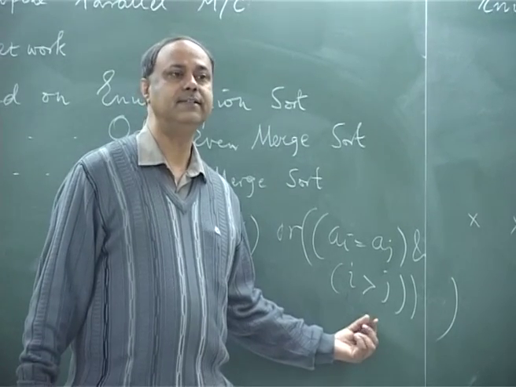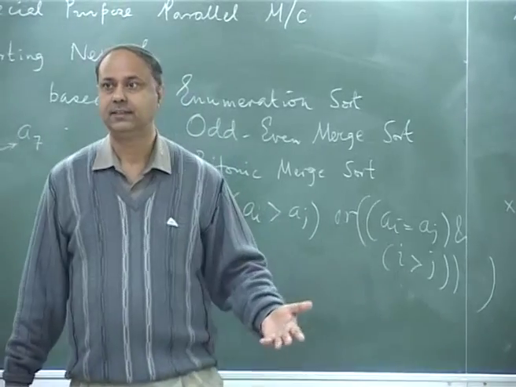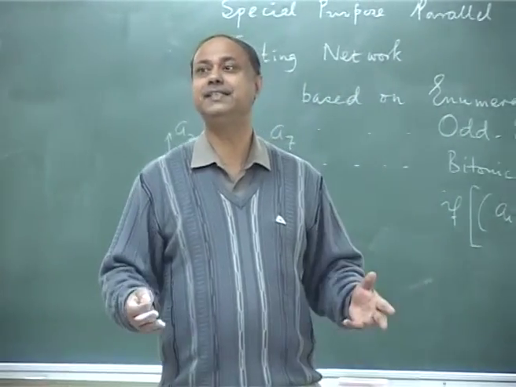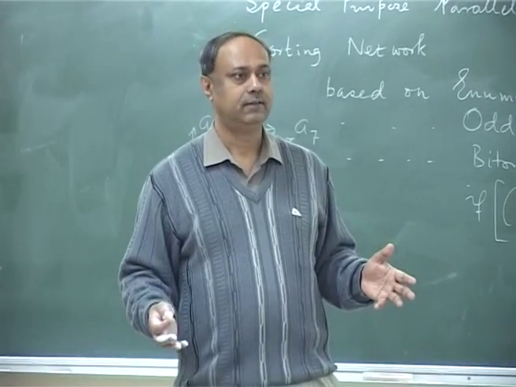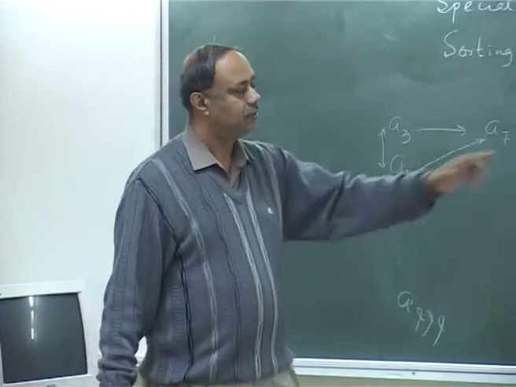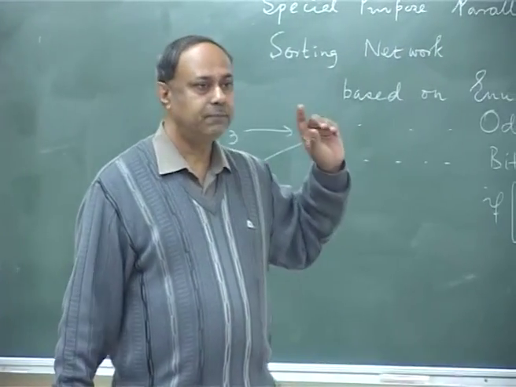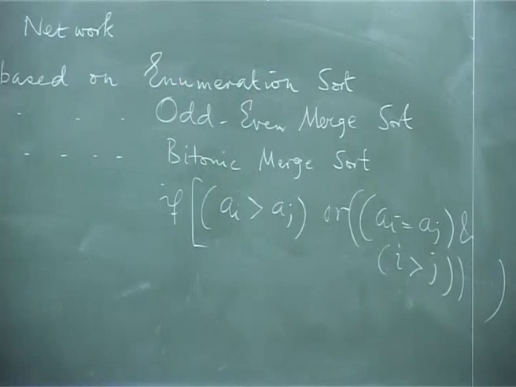If i occurred first, it should be given the first chance. And i and j must be distinct. There is no ambiguity in that. i and j cannot be equal. So that stable thing can also be taken care of in enumeration sorting.